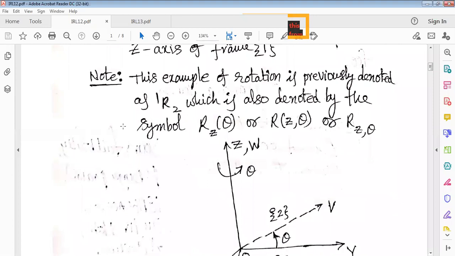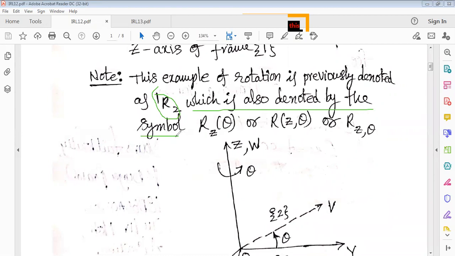Here is a small note. In this example, the rotation is previously denoted as 1R2, which means the rotation of frame 2 with respect to frame 1. It is also denoted by a symbol.